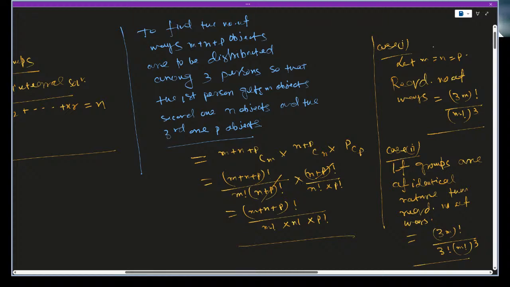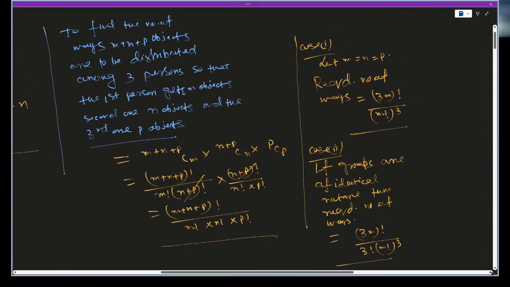Why? Because we cannot distinguish between those 3 groups. So it is going to be factorial 3m by factorial 3 into (factorial m) whole cube.